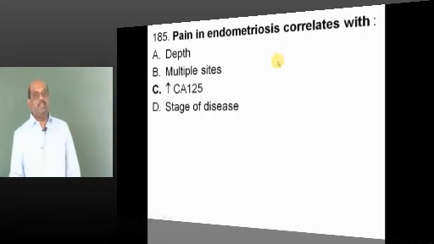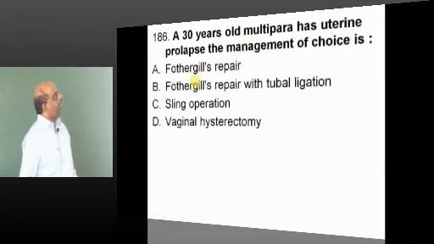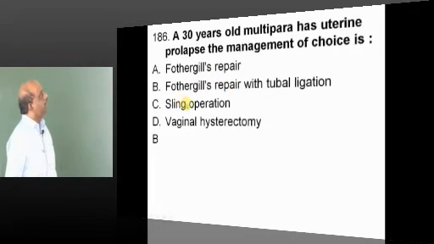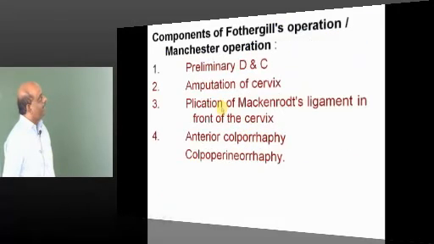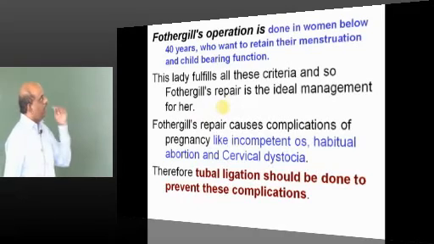Pain in endometriosis? Then a 30-year-old multipara, what do you want to do? D and C with tubal ligation. She has uterine prolapse. What is the management, only Fothergill or Fothergill with ligation? With ligation. Vaginal hysterectomy in a 30-year-old multipara?